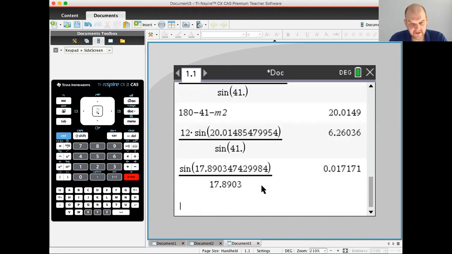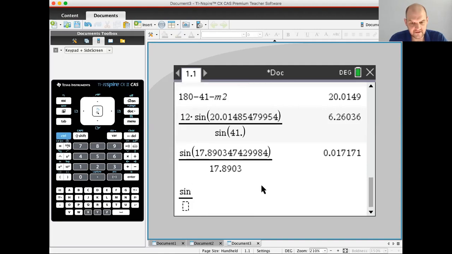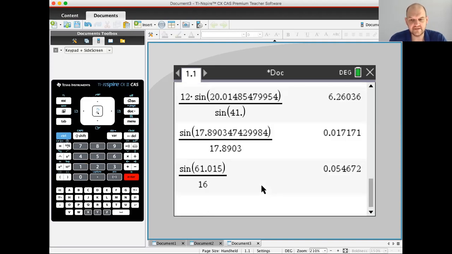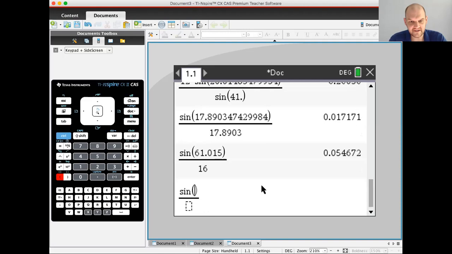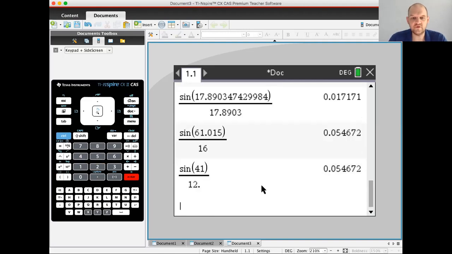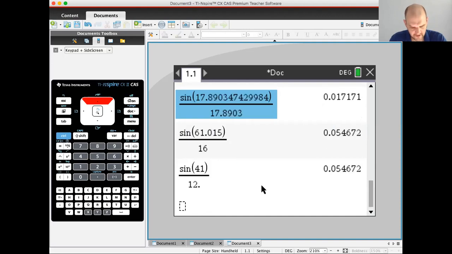Basically that, and then if I try to do the sine of 61.015, which is not exactly right, over 16, oh, super different. So different that I'm wondering if they're even right. Let's try the sine of 41 over 12.05. So this is the one that was like way off, but this has the most rounding in it also.